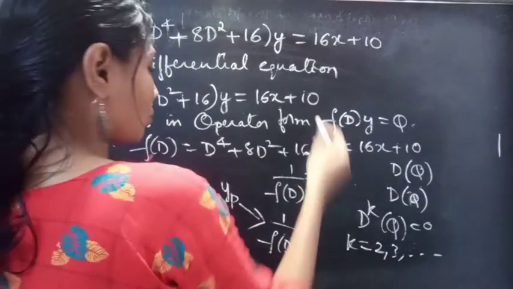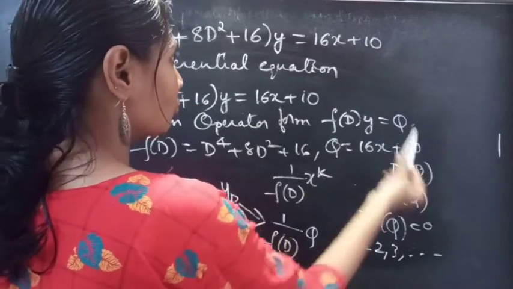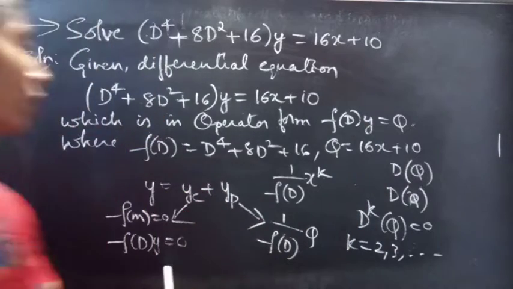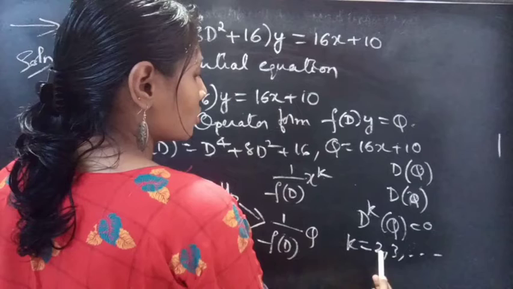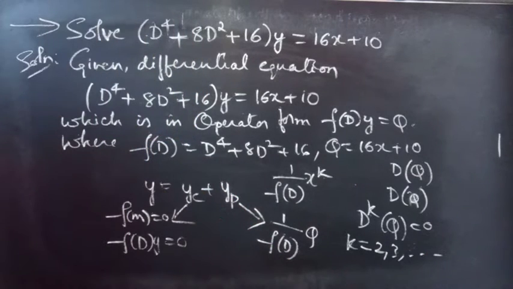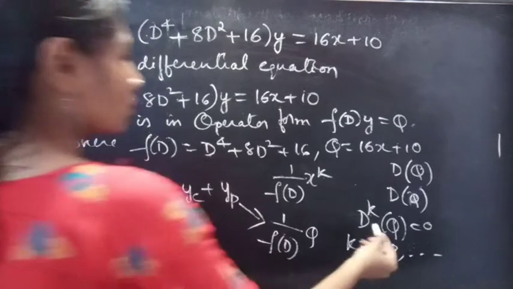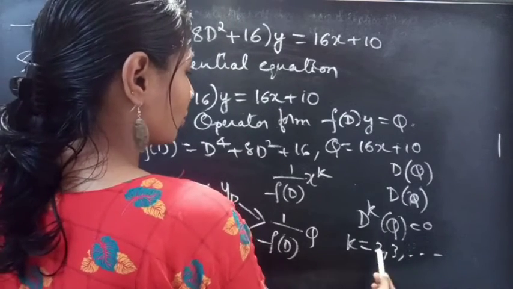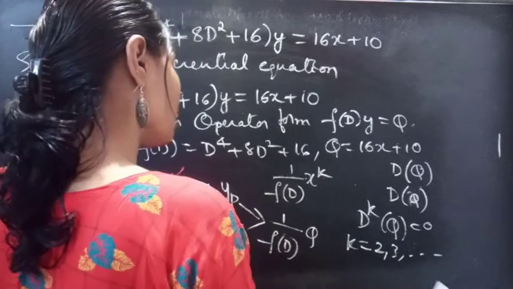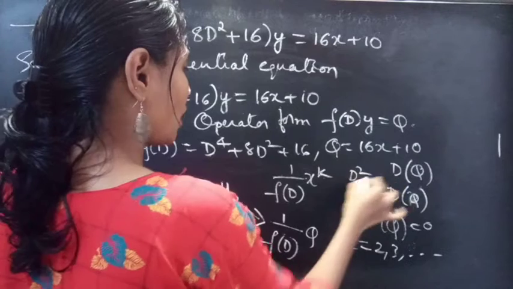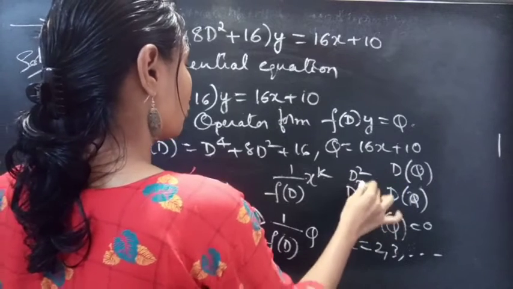So we'll get derivatives of Q for k = 1, and higher derivatives of Q from 2, 3, 4 and so on become 0. We'll neglect the higher powers from D^2, D^3 and so on. We'll see it later.